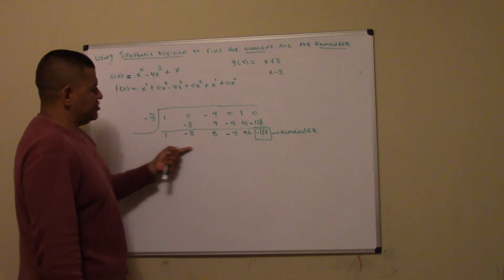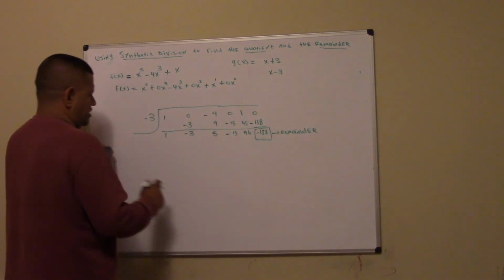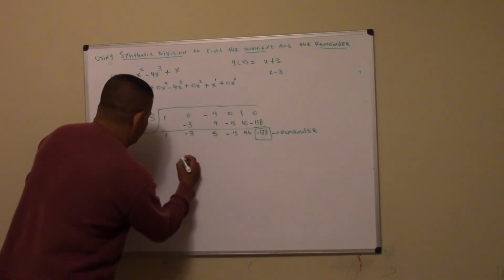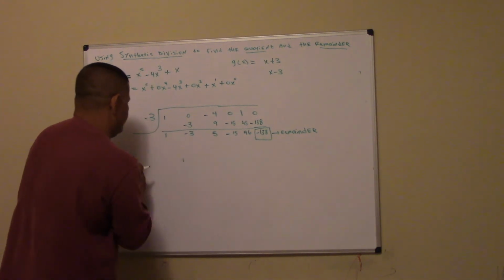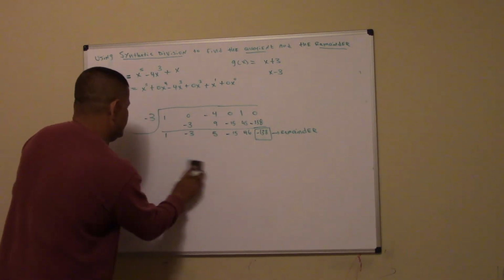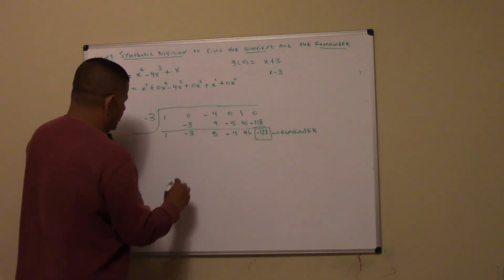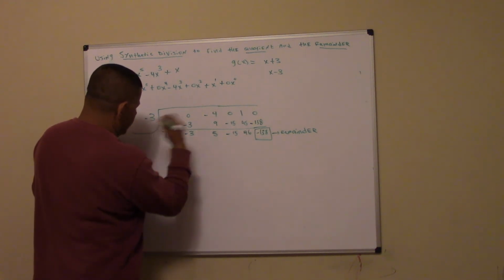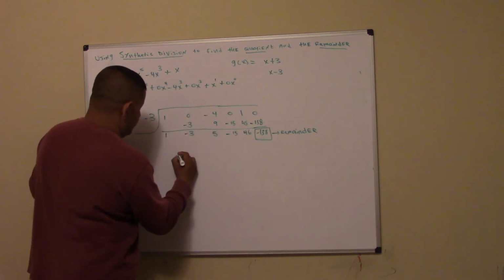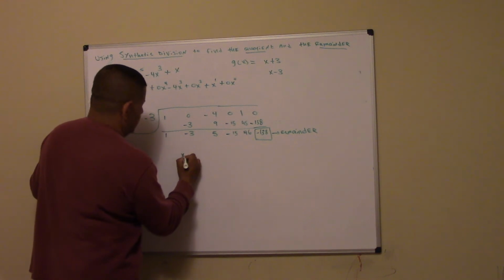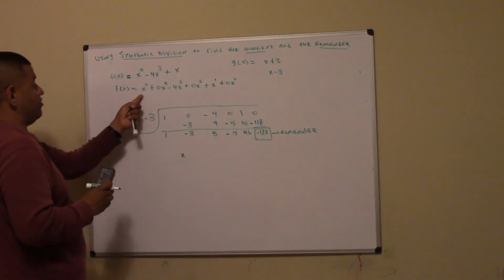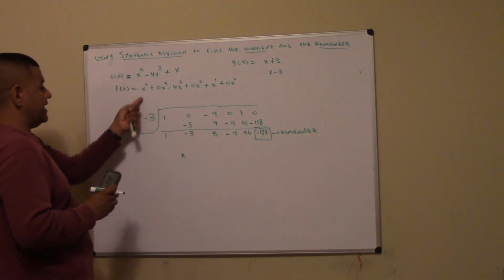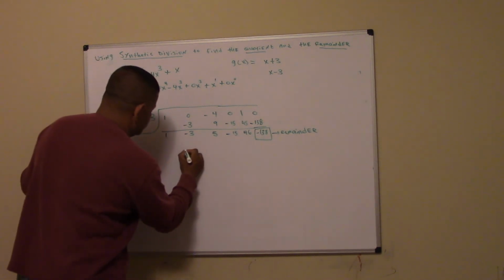Okay, so this is the remainder, and the quotient is just this. So technically the answer for this is going to be 1x to the 5th, no, it's x to the 4th, because I'm going 1 degree less than the highest, right? So 1x to the 4th.